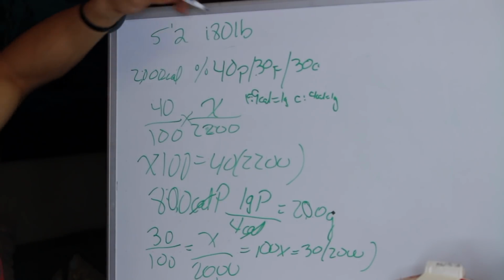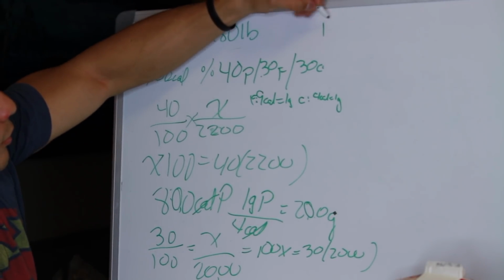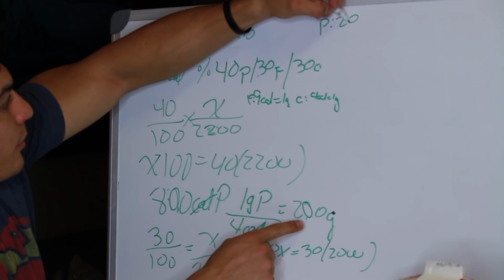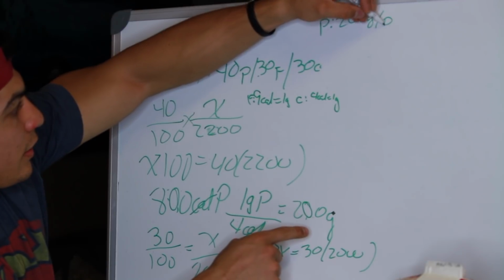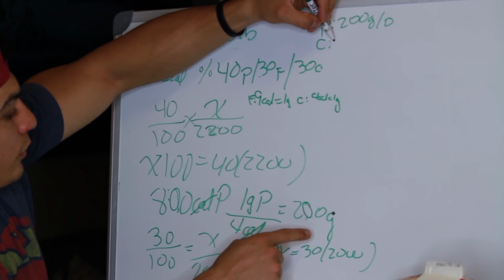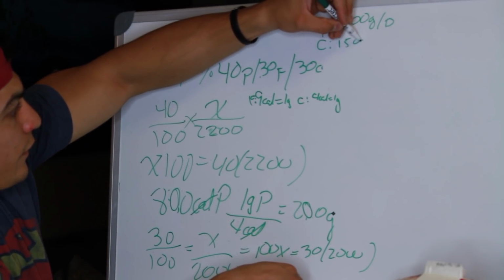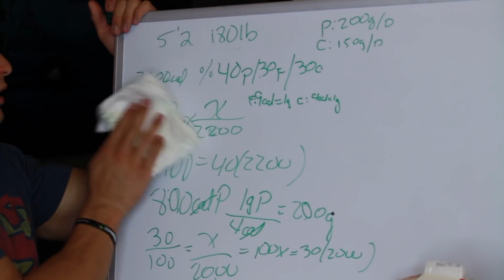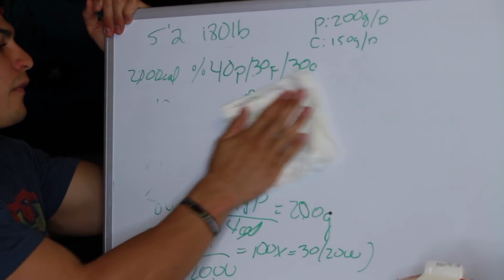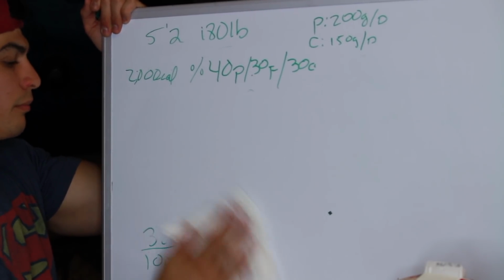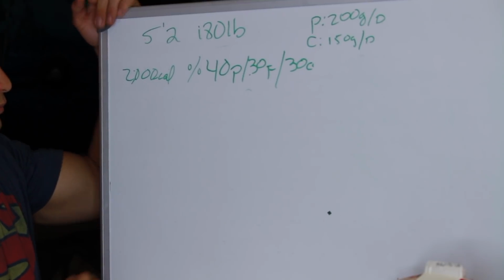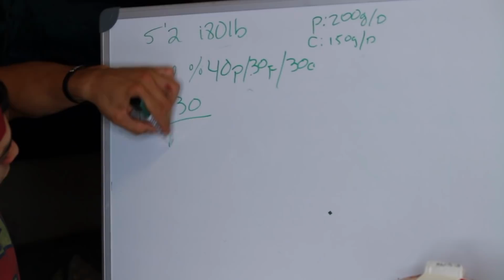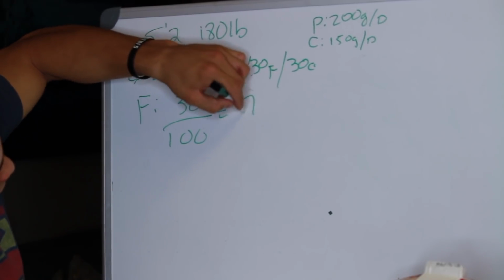Okay, so right now we have protein equal to 200 grams per day. Carbs equal to 150 grams per day. So now we've got to find fats, right? Remember, fats are 9 calories for every 1 gram. So fats are at 30% over 100 equals x over 2,000.